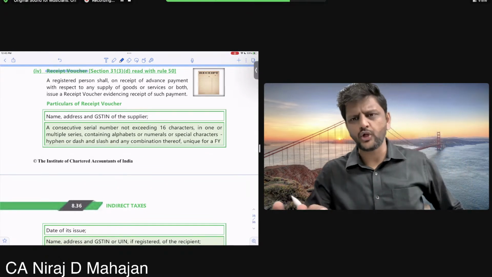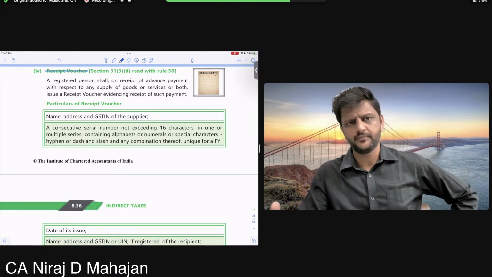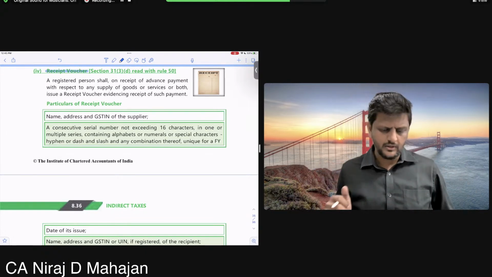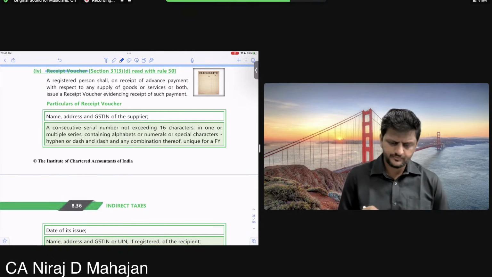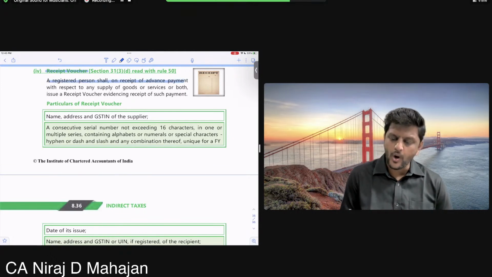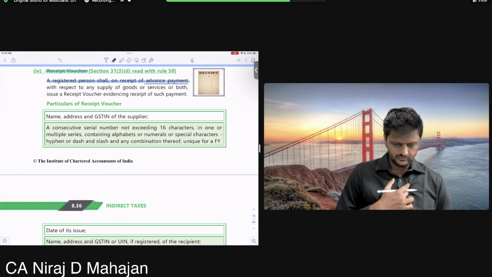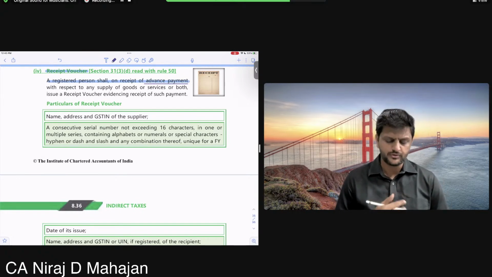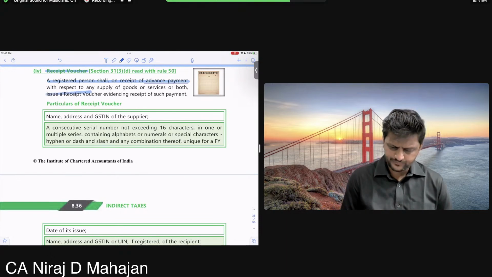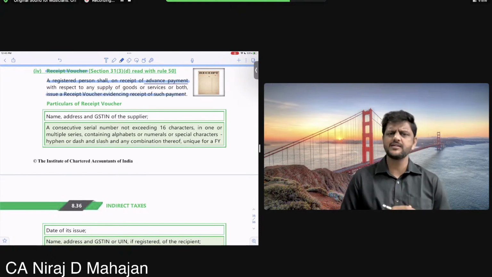Receipt voucher. Ready, everybody? Chalo. Receipt means that acknowledgement which you receive when you make the payment. So check. A registered person shall, on receipt of advance payment with respect to any supply of goods or services or both, issue a receipt voucher evidencing the receipt of such payment.